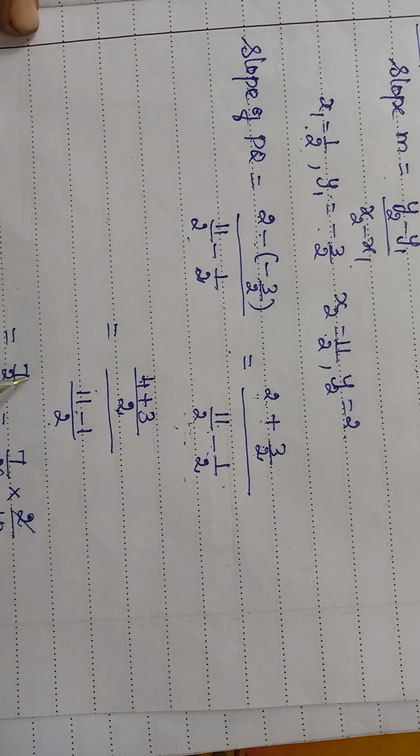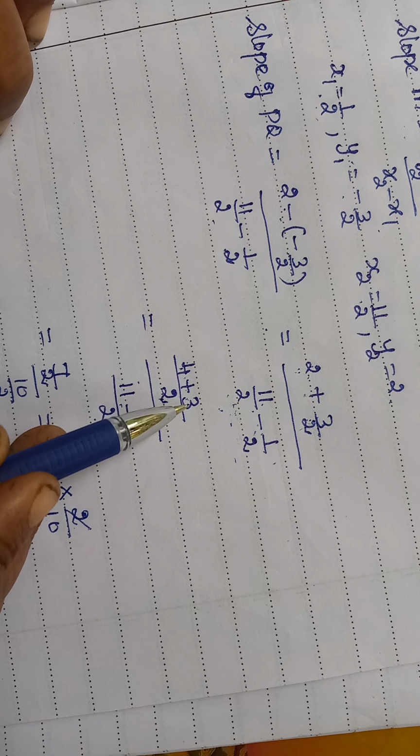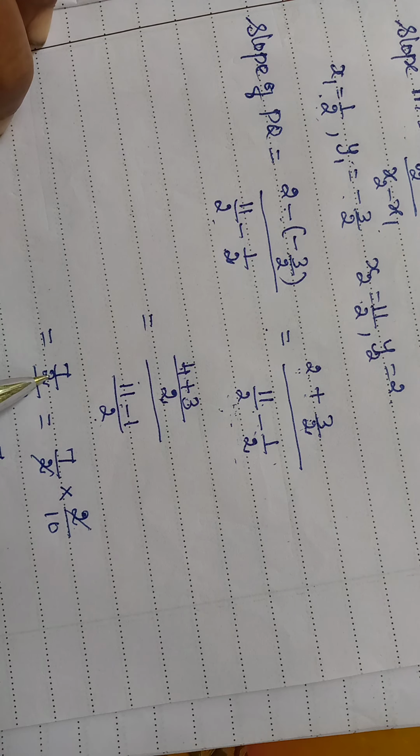Which is equal to 4 plus 3, that is 7 by 2, divided by 11 minus 1, that is 10 by 2.